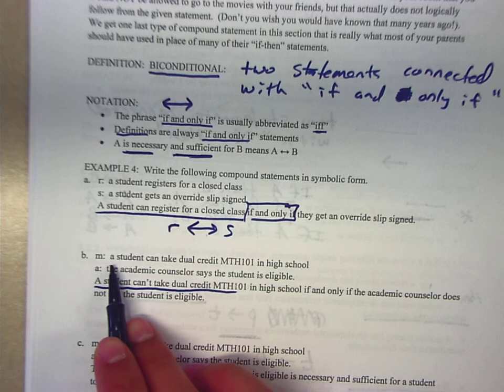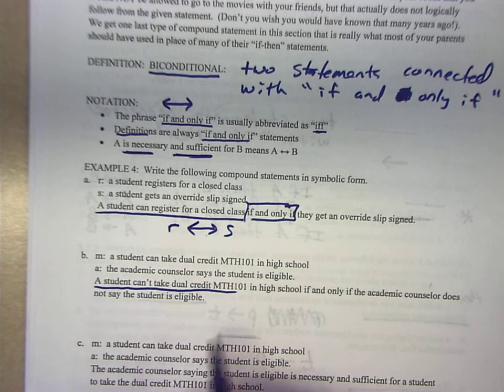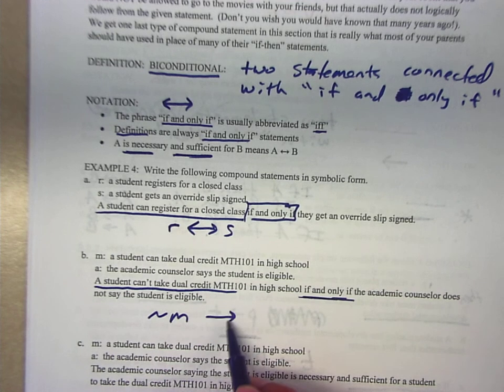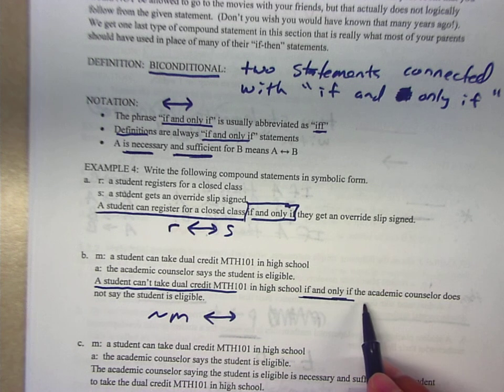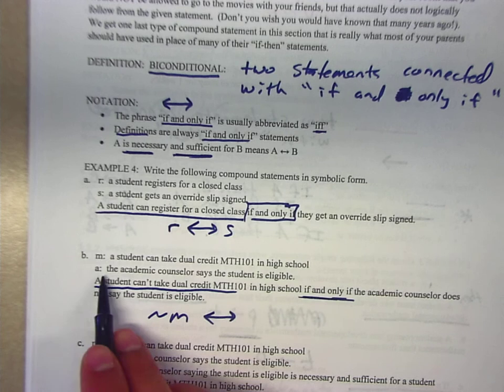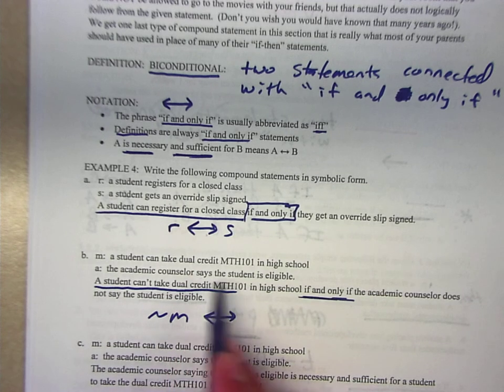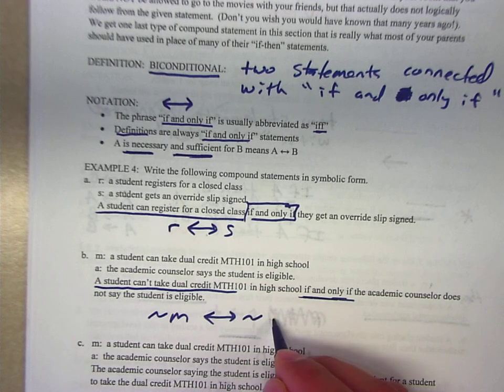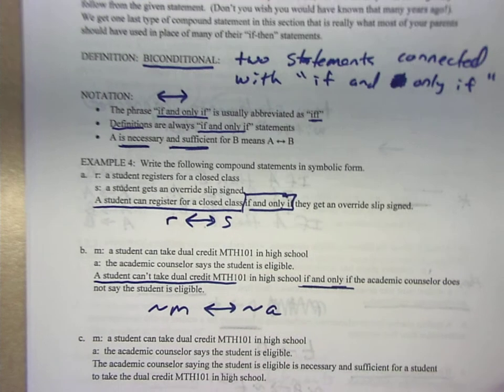A student can't take dual credit math. So how does that relate? M is a student can. Here we have cannot. So this is the negation of M. We have if and only if. So that's the double arrow. And then we got academic counselor does not say. And here we have academic counselor says. So this is also the negation of the second sentence. Okay?